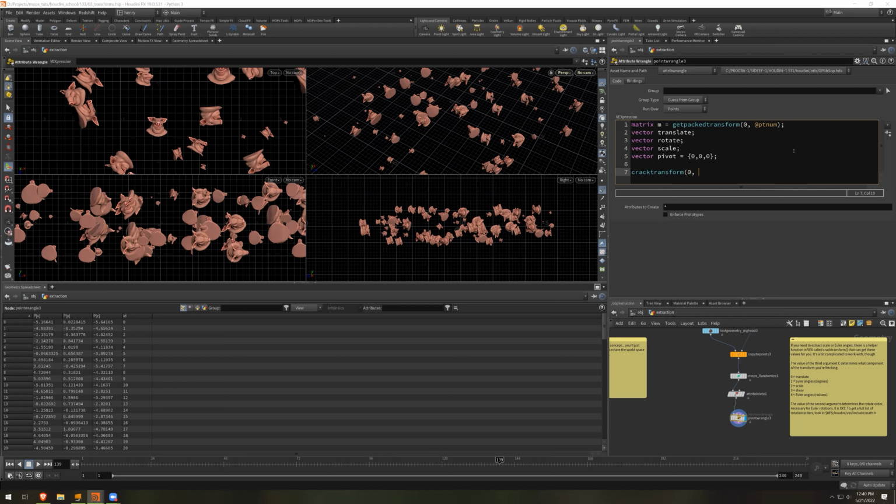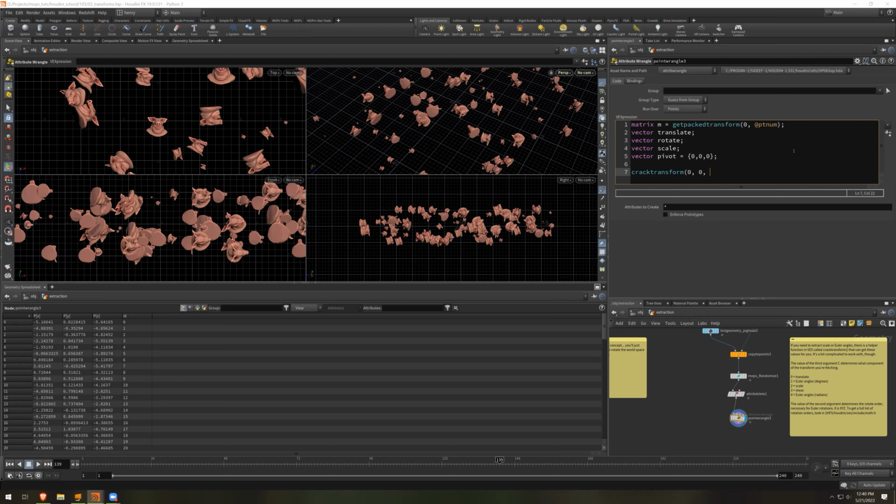As all of you know, if you've ever rigged anything, like if you have a wrist where the rotate order is X, Y, Z, and you move the wrist 90 degrees and try to rotate down, and all of a sudden it gimbal locks and starts flipping, that order matters and has to be very specific for any given joint or rotation. 0 is the default XYZ that most transforms start with, but there are reasons why you might want a different rotate order. So keep that in mind when you run this.